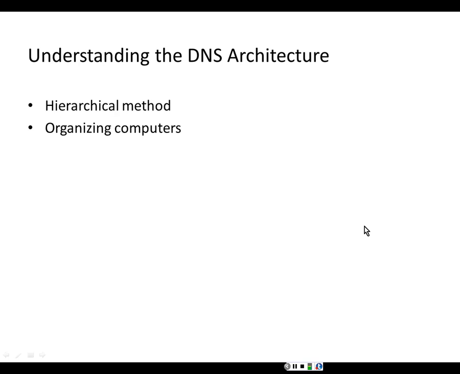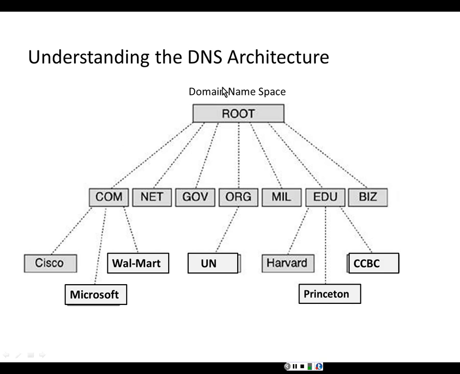The DNS architecture is a hierarchical method of organizing computers. At the top of the DNS architecture, we have the root. The root is divided into top-level domains such as .com, .net, .gov, .org, .mil, and .edu.